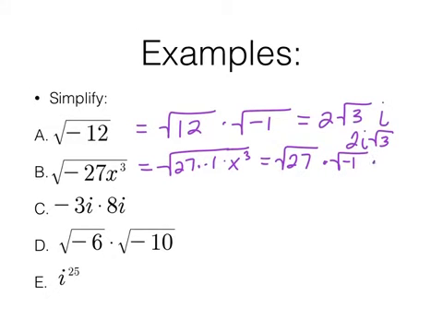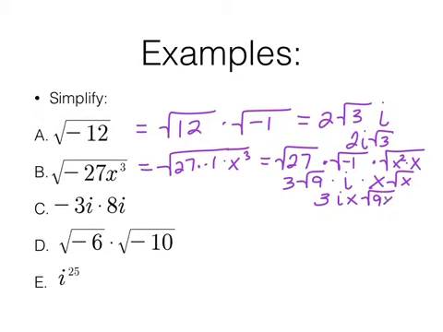And then for the square root of x cubed, I'm actually going to break apart x cubed into x squared times x. So while we haven't really reviewed this quite yet this year, this is really the same thing as considering 27 as 9 times 3, saying I can take the square root of 9, that's 3 root 3, times i times. I can take the square root of x squared, that's x, and then I have a root x on the outside. So this is 3ix root 3x.